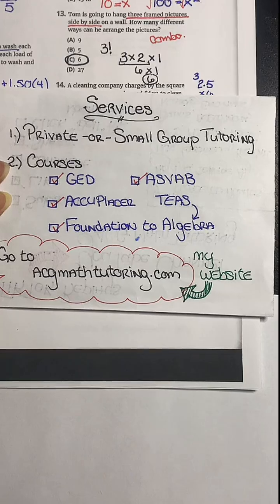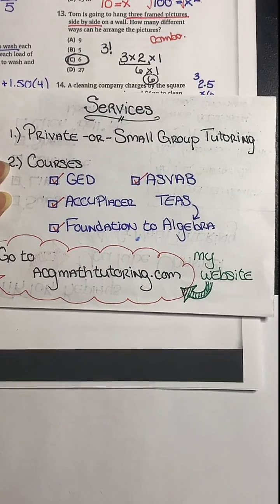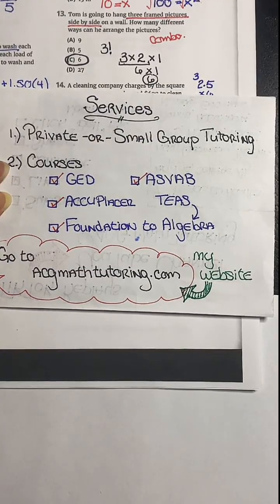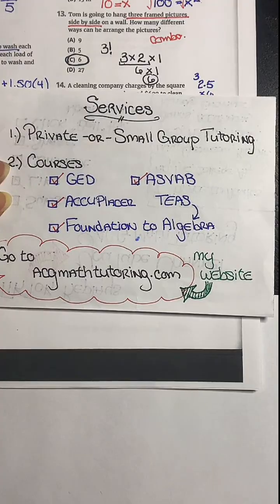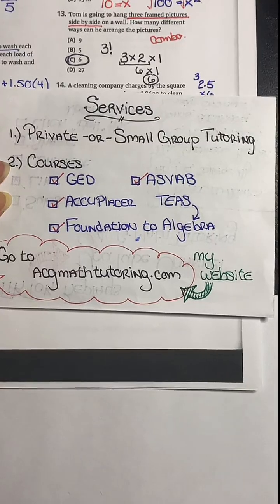Awesome. So if you just need some tweaking, do the tutoring sessions. But if you're starting from ground zero and you're like, oh my gosh, it's been so long since I've done math, do the course. The course is going to be so much more beneficial because it's self-paced. If you want to do 5 sections in one day, knock yourself out.